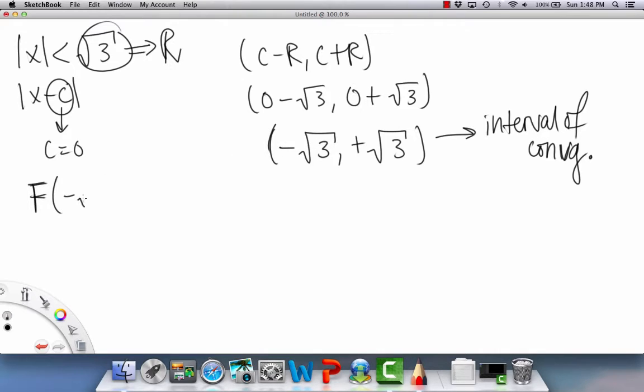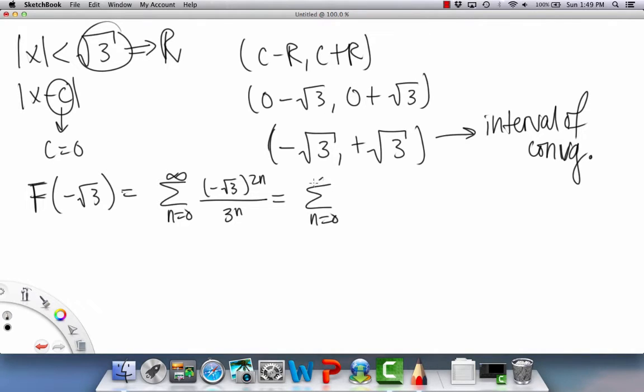So let's plug in the negative radical 3 and see what we get first. So if we do this, then we plug it into the power series here. We're plugging this in for x. So in the x spot, now we have negative radical 3 to the 2n over 3 to the n down here. And when you square the negative radical 3, it just turns into positive 3, right?